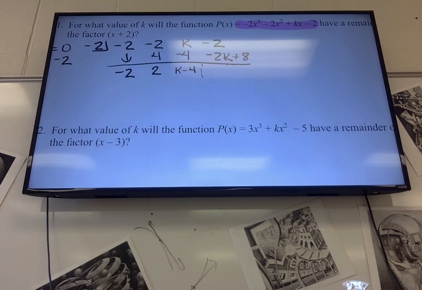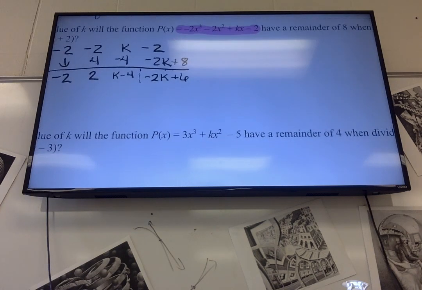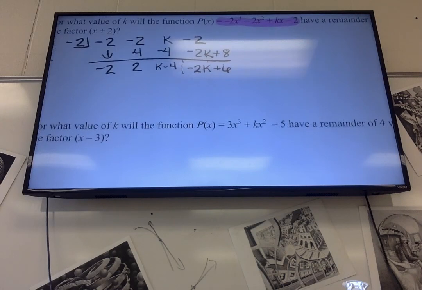And then I add these two. Now when I add these two, I can add like terms. So the negative 2 and the 8 I can put together. So that makes it negative 2k plus 6. So I'm supposed to have a remainder of 8. I want to figure out k so that I have a remainder of 8. Well, this is my remainder.